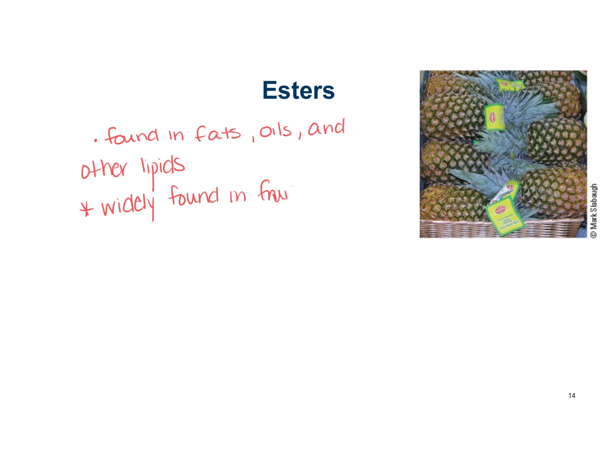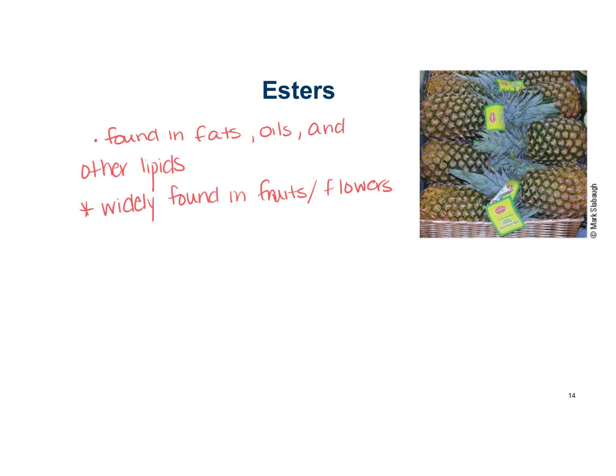And like I mentioned on the previous screencast, it's also found in flavorings. Pineapple is one of the flavorings that's really common. So let's look at some specific reactions that can form these esters.